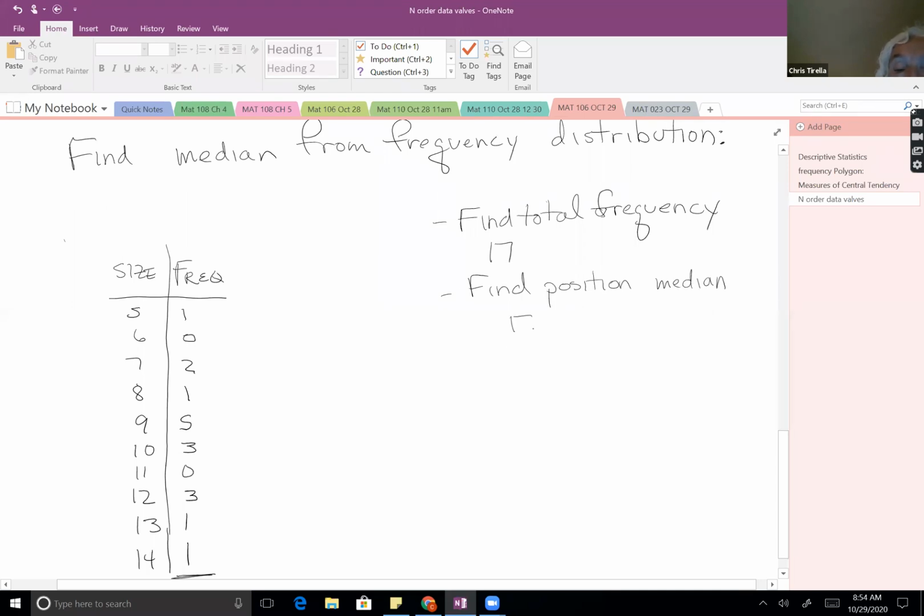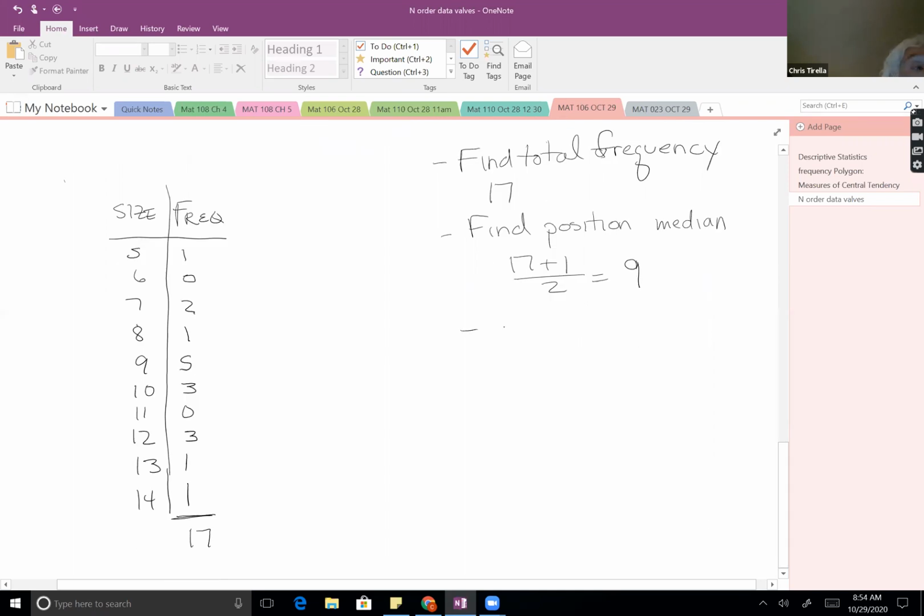And so 17 plus 1 over 2 would be 9. And so we want to, we can do it in one of two ways. We can list the data until we get the 9th number in the list.